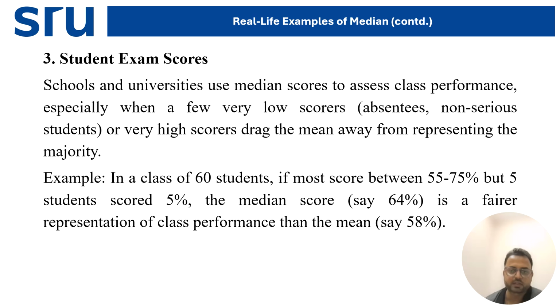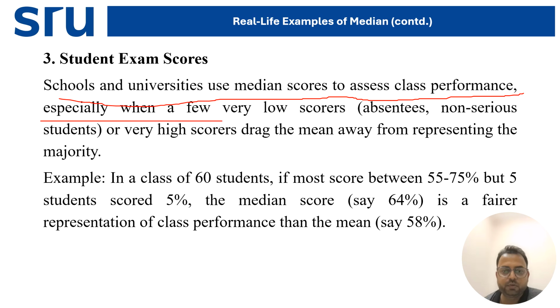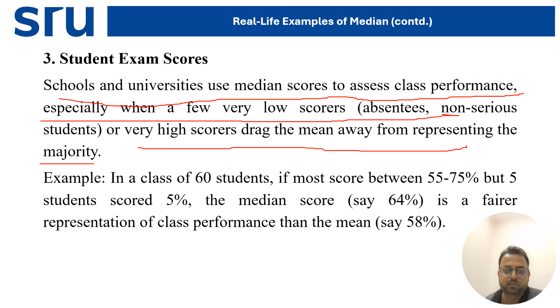Now come to the next real life example of median. Schools and universities use median scores to assess class performance, especially when a few very low scores, from absentees or not serious students, or very high scores drag the mean away from representing the majority.